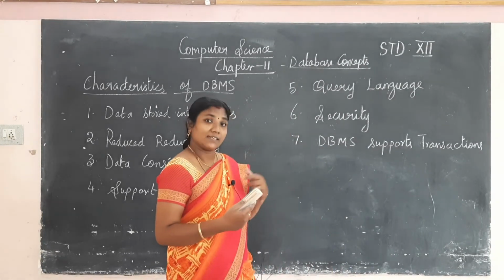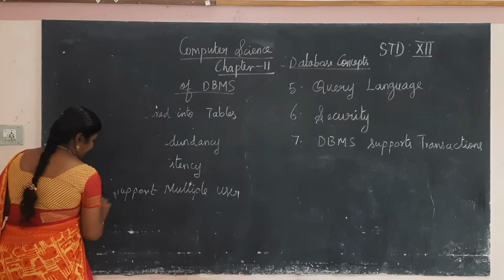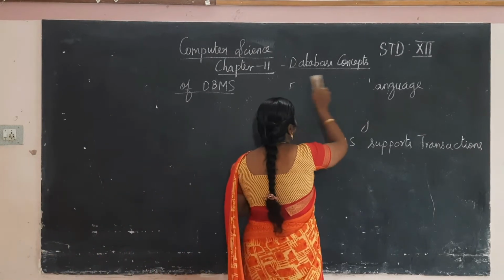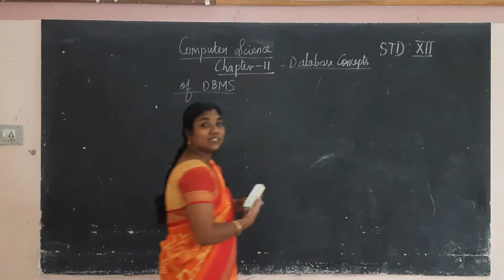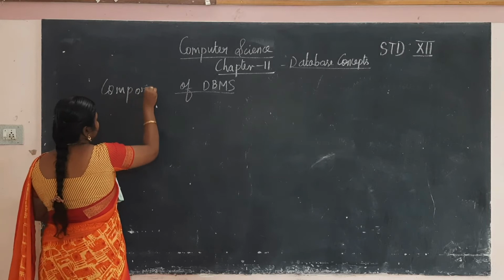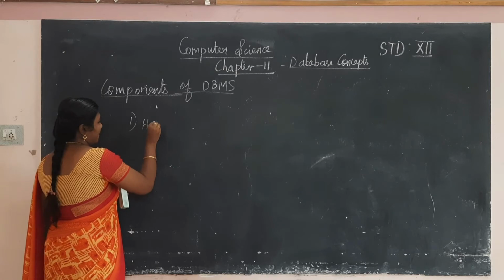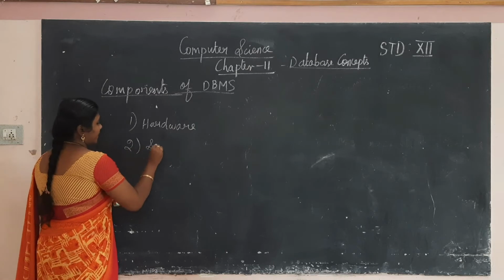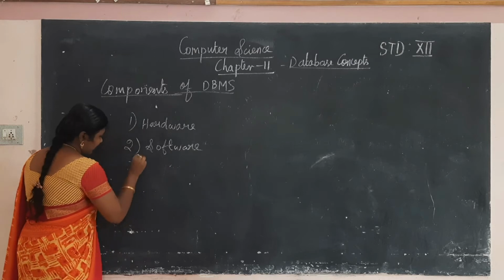So now we have seen the characteristics of DBMS. Next we are going to see the components of DBMS. So what are the components? As you know very well, we need hardware and we need software for performing this DBMS concept. So the components of DBMS: first one, hardware. Second one, software. Third one, data.